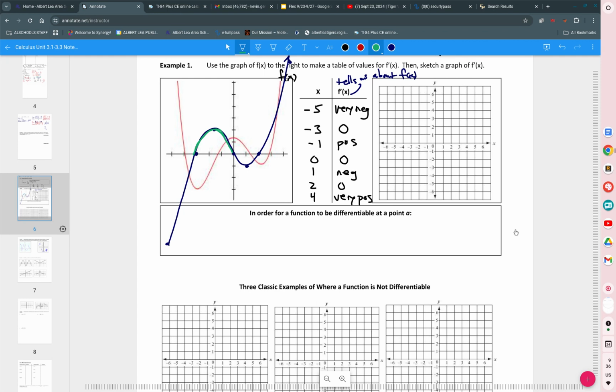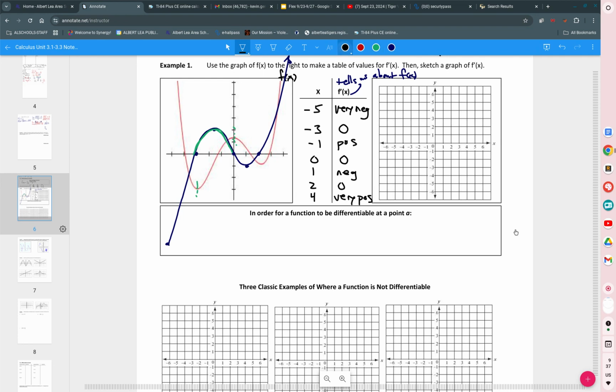Notice that this section of the derivative is above the x-axis. Everybody agree? So if you look at the original function during that same time frame from here to here, what do you notice about the function f between those spots? Which direction is it headed? Up. Everybody agree? When this is headed up, this is above the x-axis.